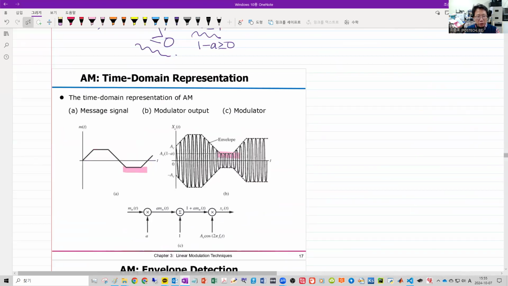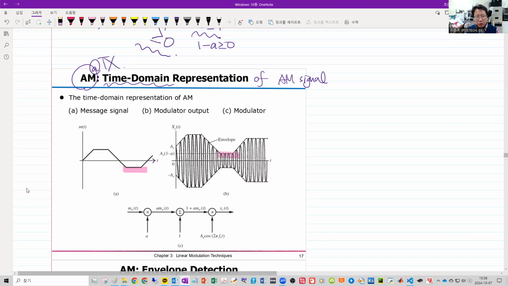Before we talk more about the demodulation, let's focus on the modulation part. So here goes the time domain representation of the AM signal, or you may say AM at the transmitter. So this is an exemplary message signal. The message signal could be another waveform.